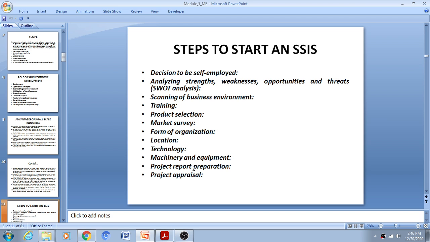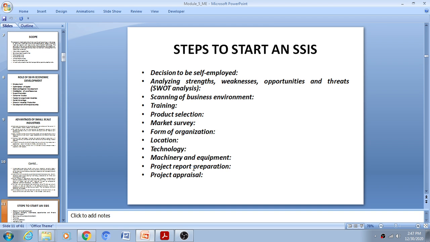The next one is project report preparation. We have also talked about this in our previous chapters, right? Once you're done with all the surveys, the selection of technology, the form of organization, machinery and equipments, the next thing is you have to write a report on the project you intend to start.